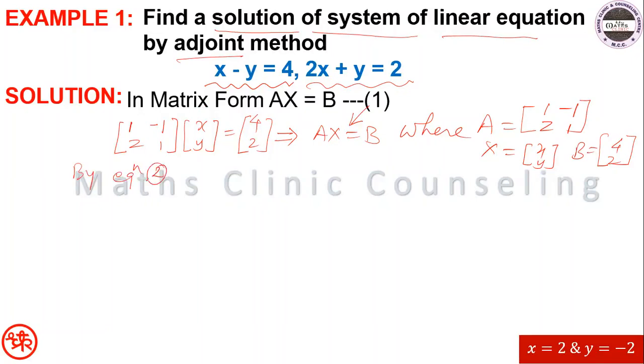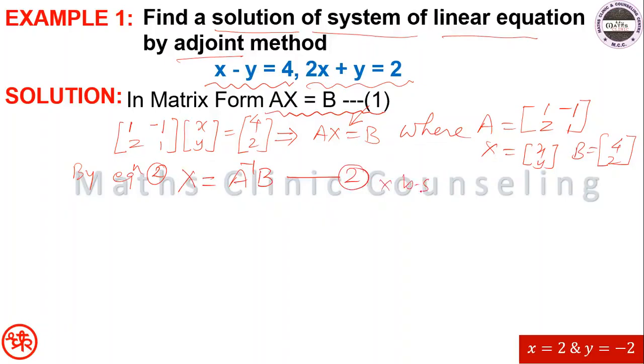Okay. Now by equation 2, पिछले स्लाइड में हमने देखा है कि if we multiply this equation by A inverse both sides, then we will get what? X is equal to A inverse into B, and this is now equation number 2.